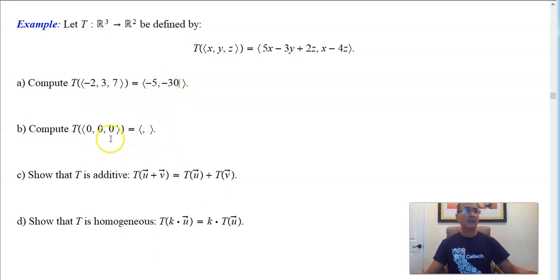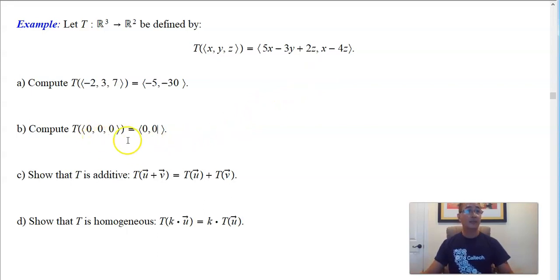Okay, what about (0, 0, 0)? Everything is 0, so that should be easy. We just get 0, and then we have 0 minus 0, so we just get 0. Maybe that's not a surprise.